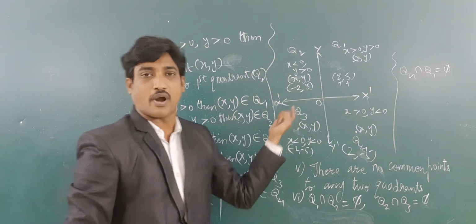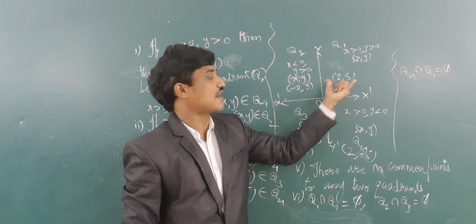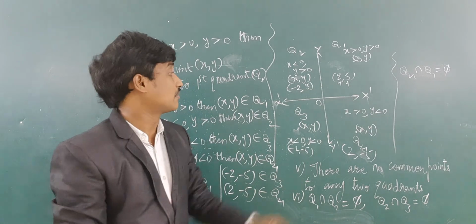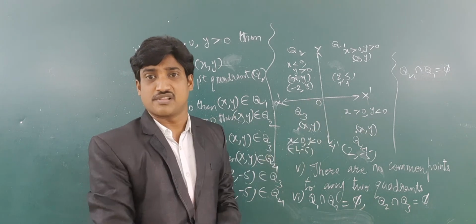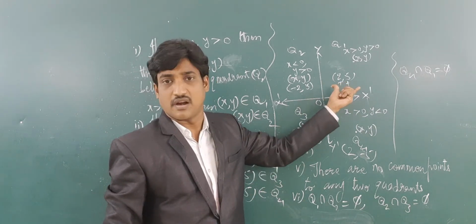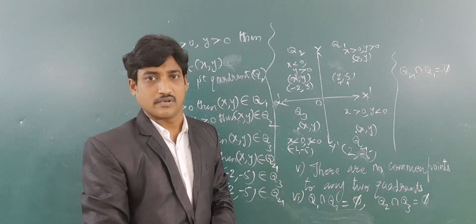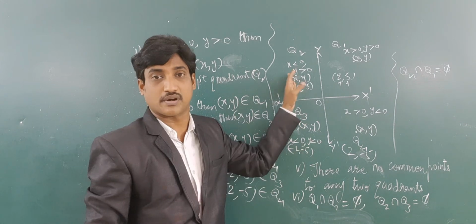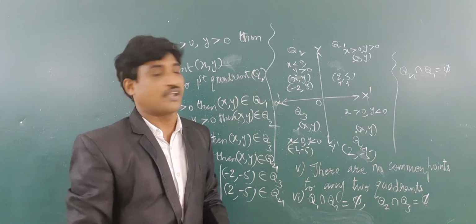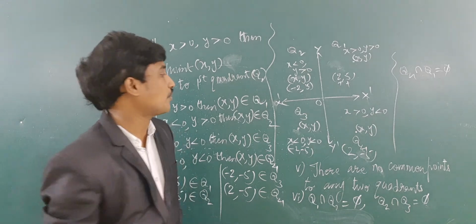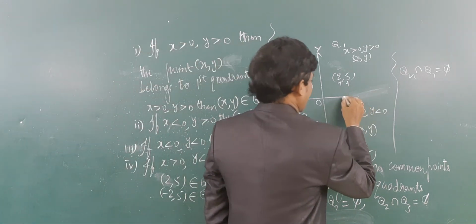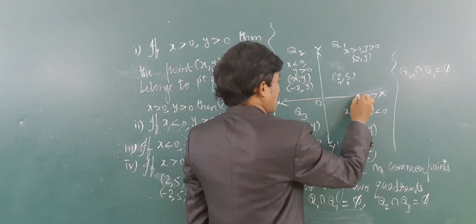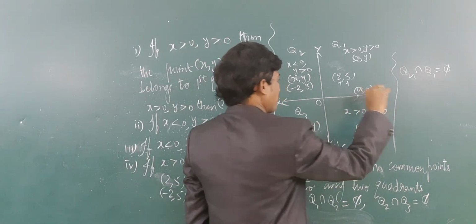Are there any common points to the x-axis and Q1? No common points are there to the x-axis and the first quadrant. There are no common points to the x-axis and the second quadrant. Why? Because we know the general form of a point on the x-axis is (x, 0) or (a, 0).